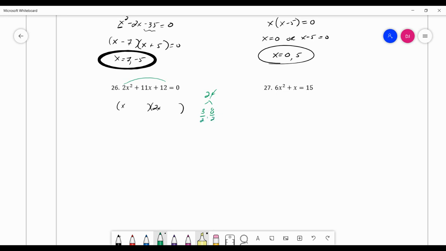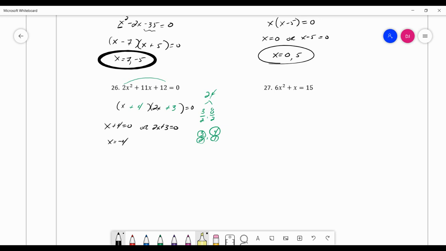If I divide them both by 2, I have 3 over 2 and I have 4 over 1. So my factors here are 2x plus 3 and 1x plus 4. And those are my factors. But that equals 0. I'm not done yet. So either x plus 4 equals 0 or 2x plus 3 equals 0.